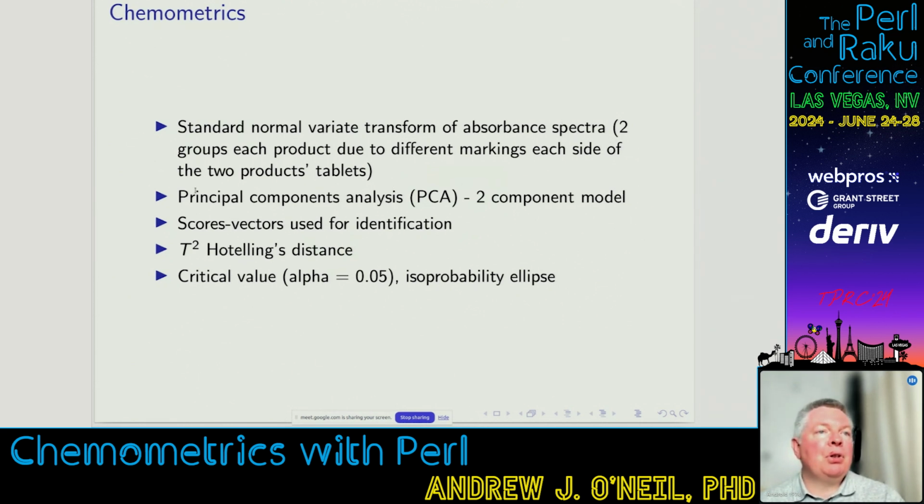The spectra that I will show you fall into two groups for each product, and that is because the light reflects off the tablets in different ways if the markings are different on each surface of the tablet for a given product. In this case, both products have debossed markings on both sides.